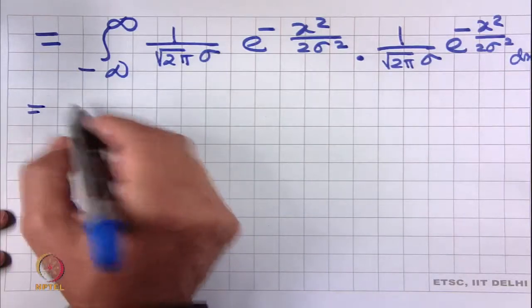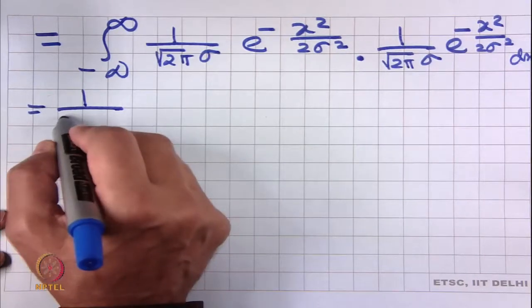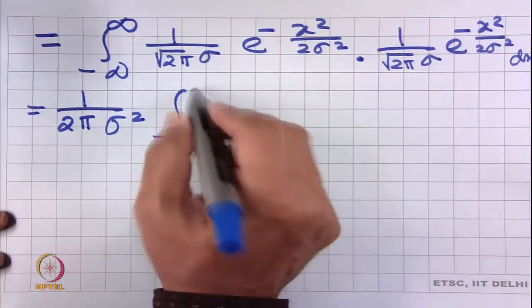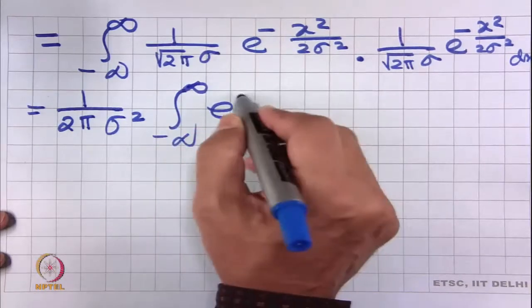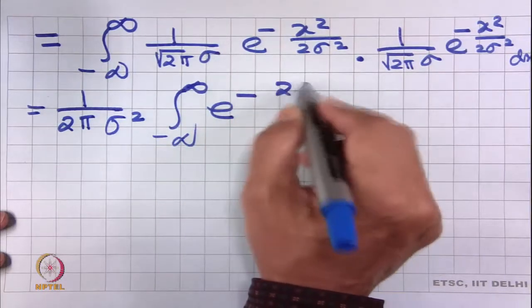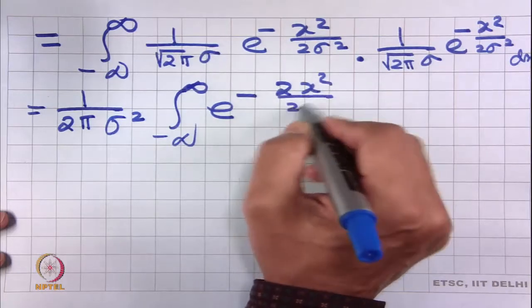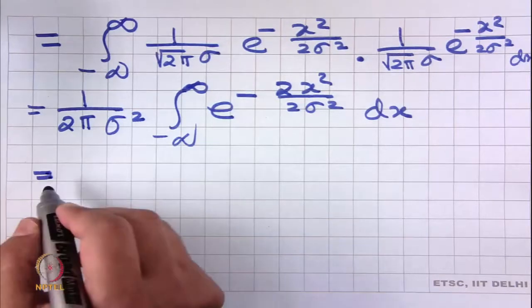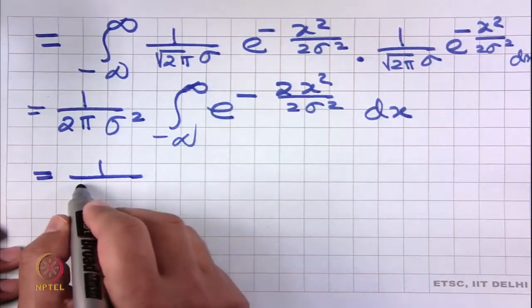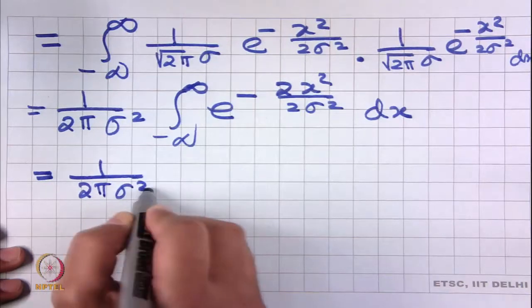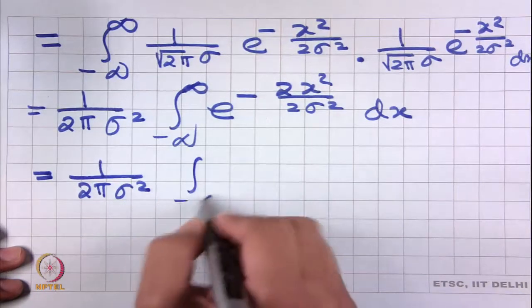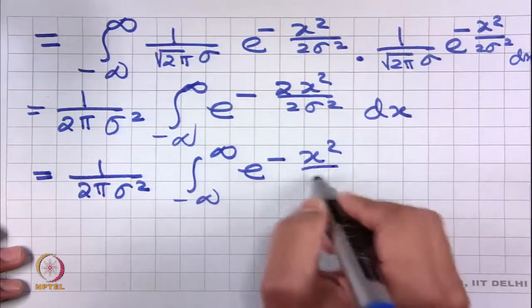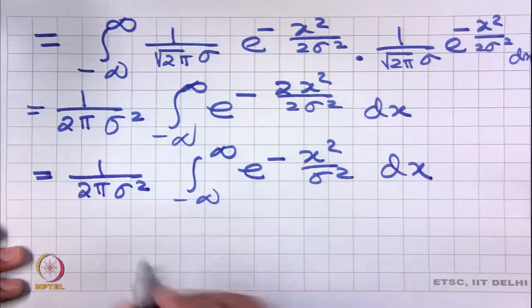This is equal to 1 over 2 pi sigma square times the integration from minus infinity to infinity of e to the power minus x square by sigma square dx.